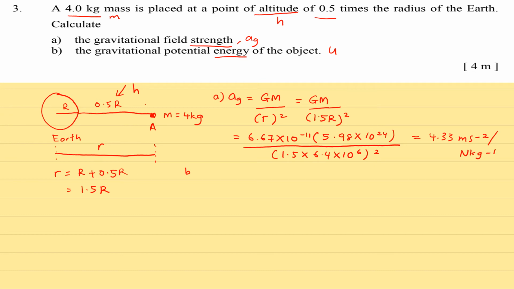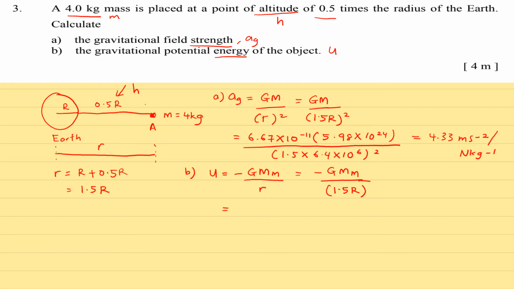For question B, gravitational potential energy U equals negative G m Earth times M divided by R. So negative G m Earth times mass divided by 1.5 R Earth.